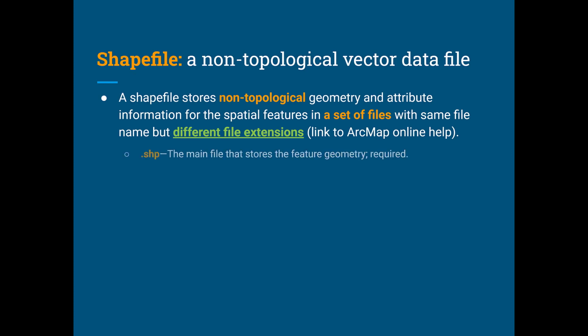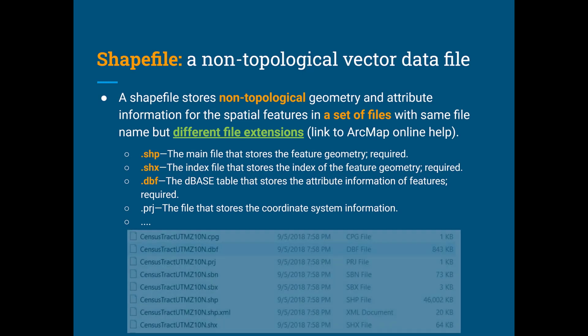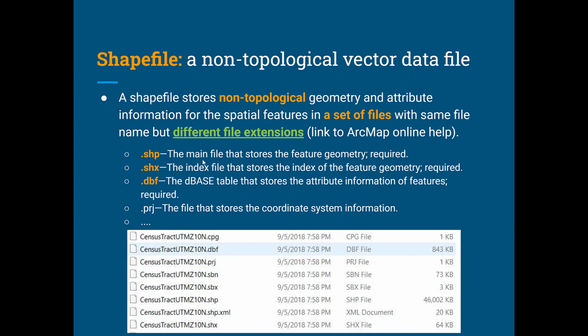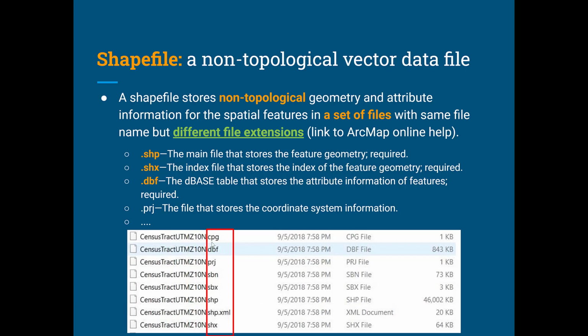It will look weird if you look at your shapefile outside GIS software, outside ArcPro or ArcMap, because you will see quite a messy thing in your folder. For one layer, census tract, you will have tons of files.